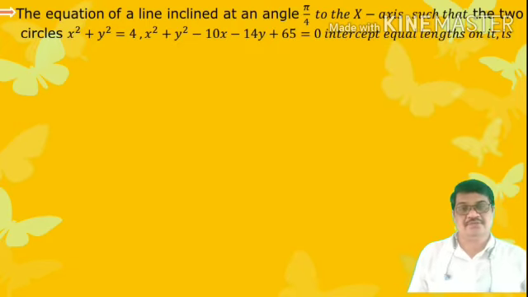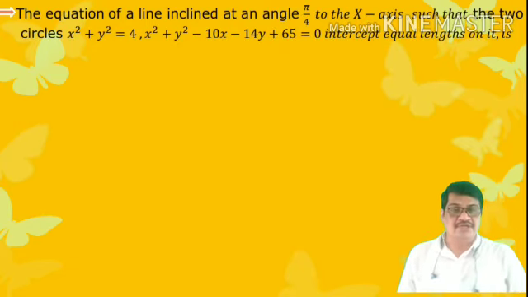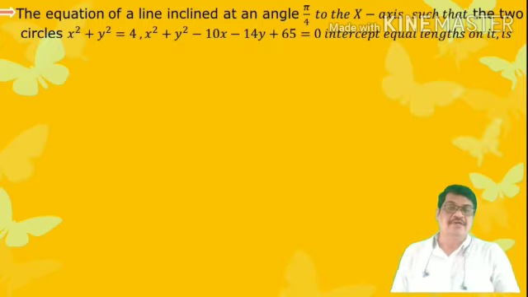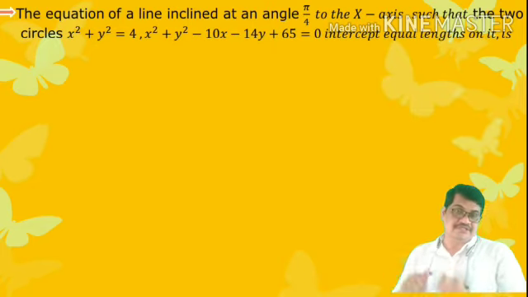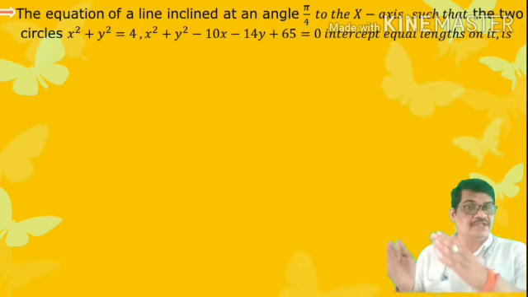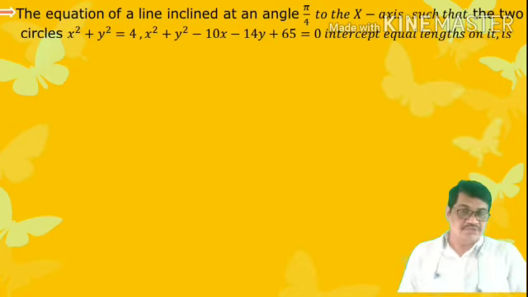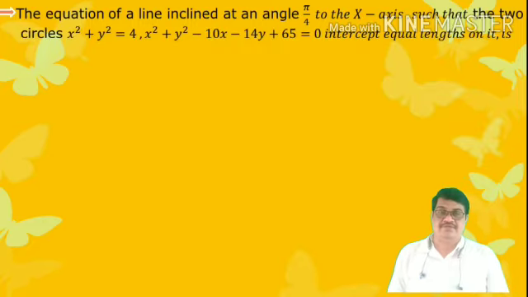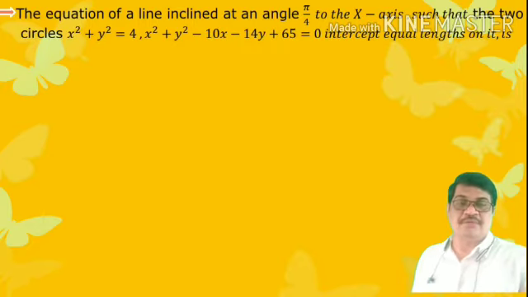This is the concept. Here, a line makes 45 degrees with the x-axis and makes equal intercepts on these circles. Now we have to find that line equation. So this is the problem.